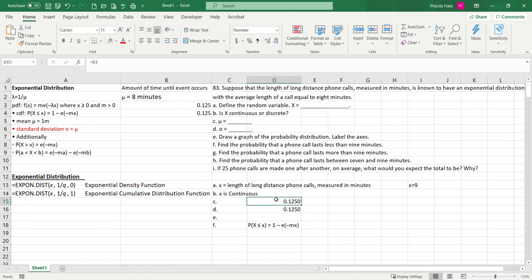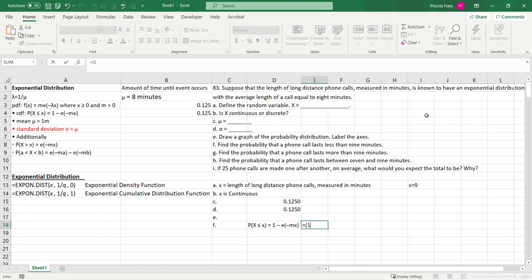Your x, you're going to replace with the value it's asking you for in the problem, and this is going to be part of the formula. You're going to see how easy that is. Equals, let me do a parenthesis so it knows that it's 1 minus the whole exponent, so equals, and then start typing exponent. There you go. It says it returns e raised to the power of a given number. Okay, exponent of minus my value over here times 9.